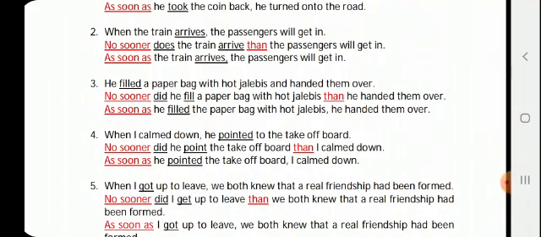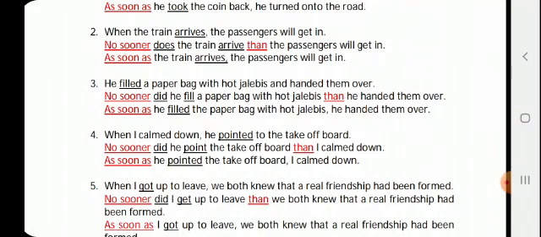So when we are changing it into no sooner, that is negative, we'll add does, because the verb is in the form of S or ES. The train arrives becomes V1, arrive. Then I've added the compulsory word than, and then the next action, the passengers will get in. No sooner does the train arrive than the passengers will get in.